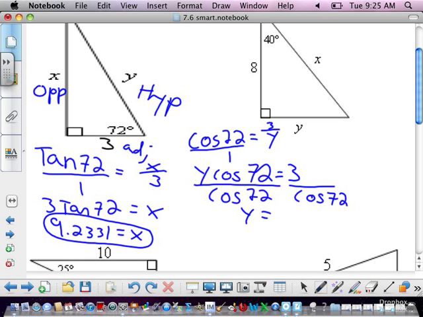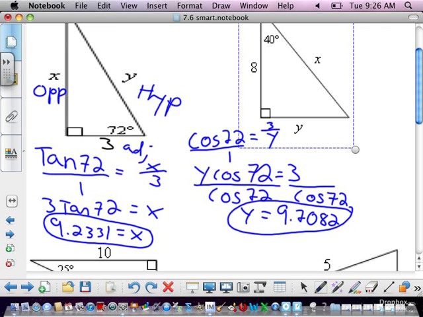And I get y is 9.7082. So we've got x and we've got y. Do we have a question? Yeah, how do you know if there's a cosine or tangent? Okay, well let's use the next problem we're doing to discuss that.